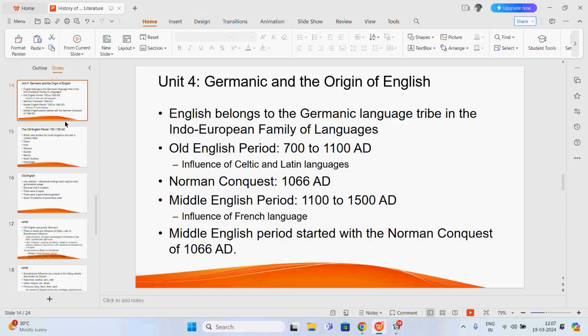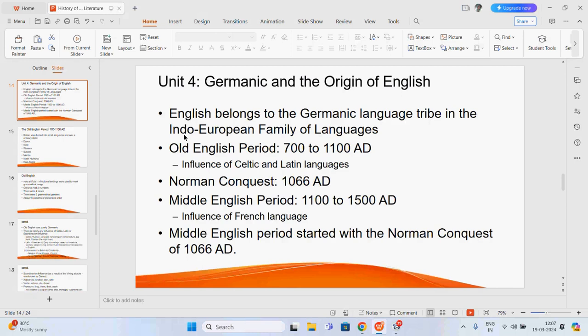For example, Old English period, Middle English period, or the Modern English period. So one long answer that you prepare from the examination point of view will help you to answer a minimum of 4 questions in the examination. Okay, let us look at this slide now.